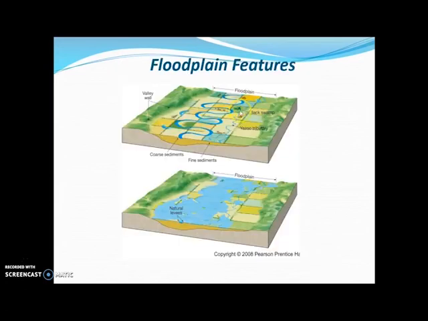So the river will flood occasionally, because during springtime or in places where there's snow melt-off, additional water comes down, and the river may overflow its banks and cover the area that we call the floodplain.